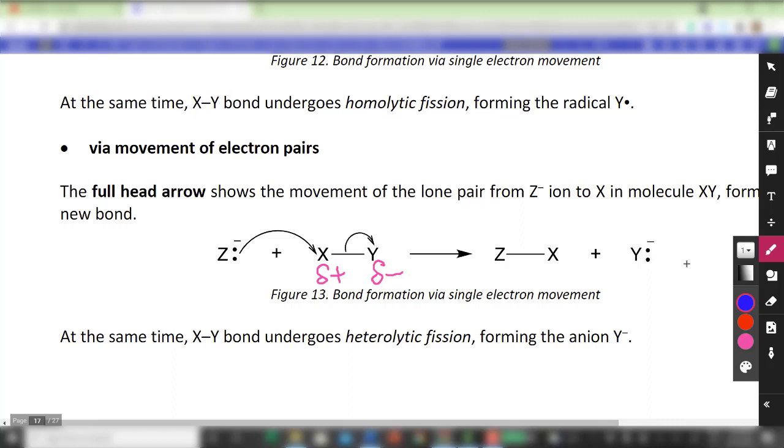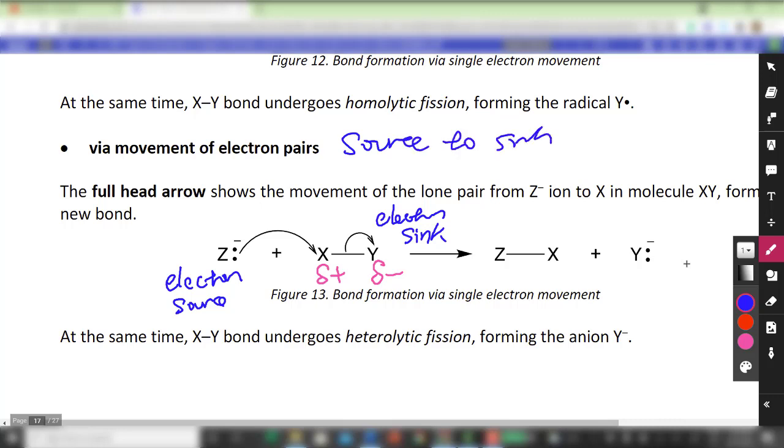We can call this Z lone pair an electron source, and the Y an electron sink. Electron density usually goes from source to sink, so you push electrons.